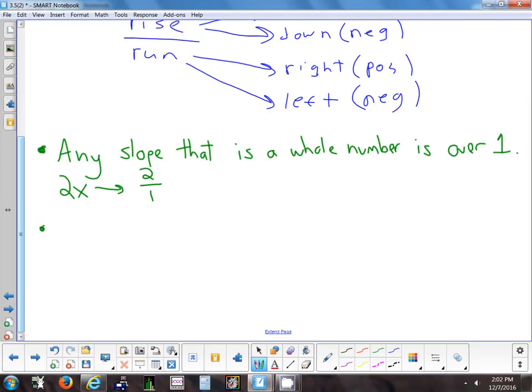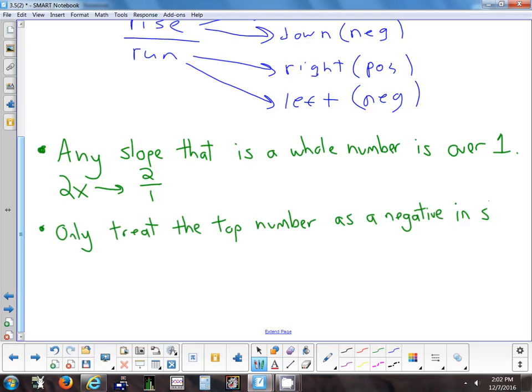You may have a negative slope. We're only going to treat the top as negative.